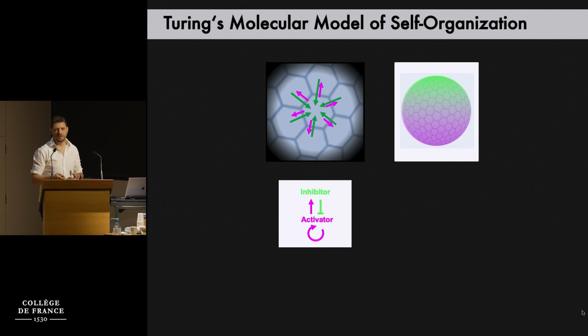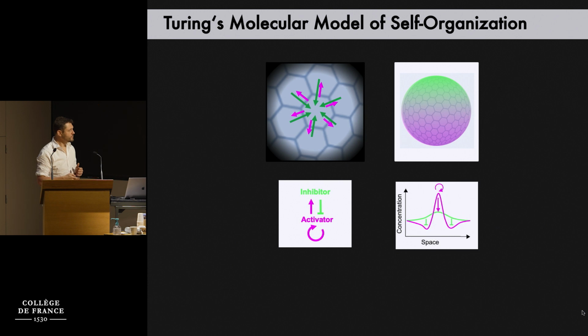Alan Turing in 1952, the famous mathematician, proposed that this interaction could be mediated by molecules. He proposed that if you have a diffusible activator that self-amplifies and induces its own inhibitor, and this inhibitor diffuses faster and therefore further, then you can break symmetry and create the emergence of a pattern.